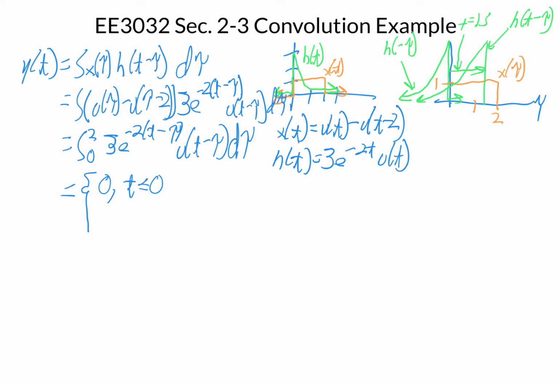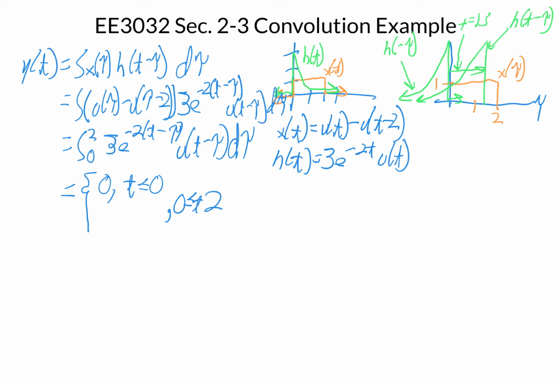The next one we have is going to be when t goes from 0 to 2. Then I can see that in my diagram here, this edge of the green function, as it's going from 0 to 2, it is completely overlapping the orange function. This edge here always overlaps the orange function, and it overlaps going back to 0.